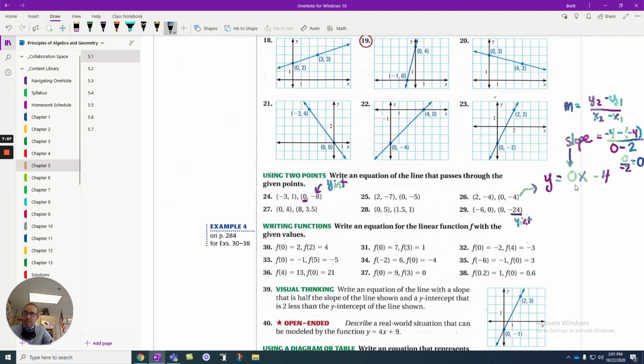Because the equation has a slope of 0, 0 times x is 0. And that would leave me with y equals 0 minus 4, or just negative 4. So number 26 is sort of a special case. You don't need to worry too much about that one. Most of them, again, will have an answer that looks like y equals 2x minus 4 or something like that. And that's really what we're after.